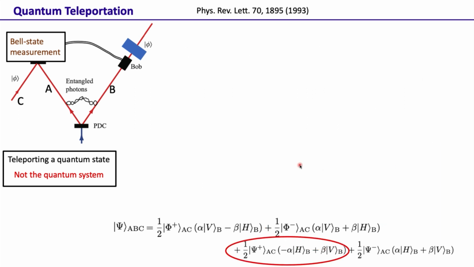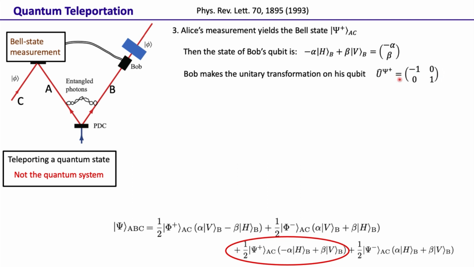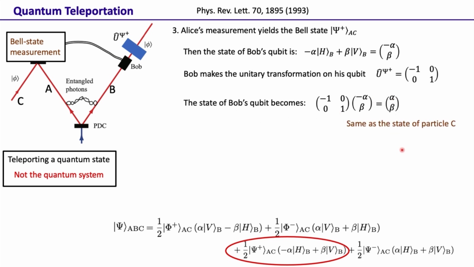Third, if Alice now finds that her measurement yields Bell state psi plus, then in that case the state of Bob's qubit is minus alpha H plus beta V. So in this case, Bob will make this particular unitary transformation 0 0 minus 1 1, and then we can see that the state of Bob's qubit becomes alpha beta, the same as the state of particle C, and thus teleportation successful.